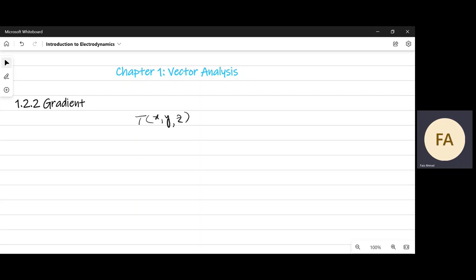But there is a theorem. This theorem is on the partial derivatives.